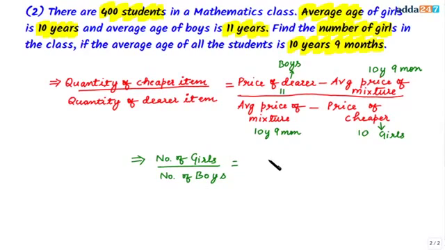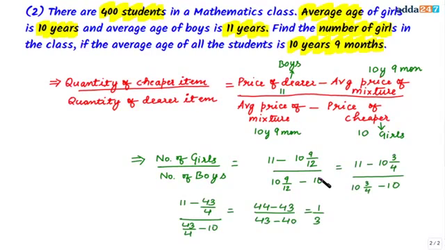So we can simplify this. This will be 11 minus 10 years and 9 months over 10, 9 by 12 minus 10. So we can simplify this using these steps.